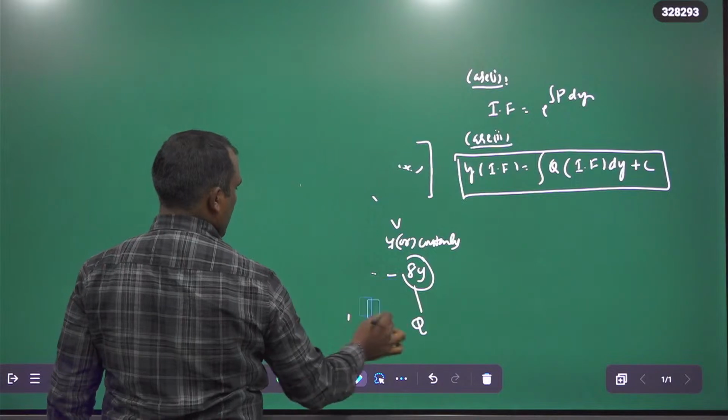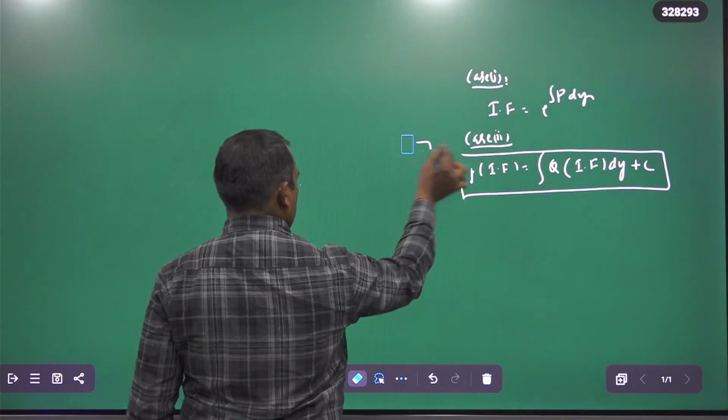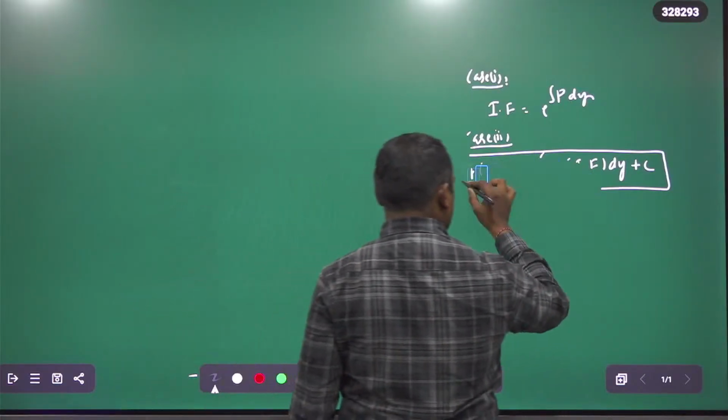So linear in x, linear in y problems, the concept is over. Based on linear in x, linear in y, I will give one example.